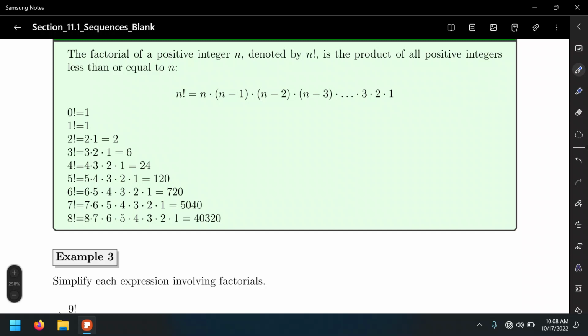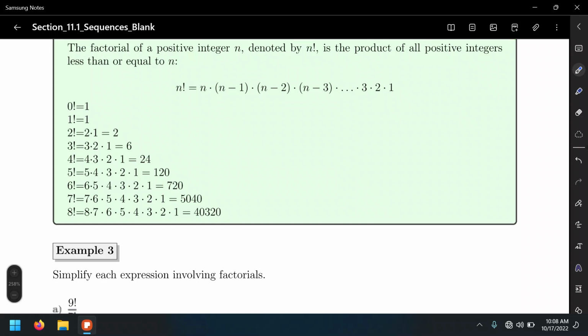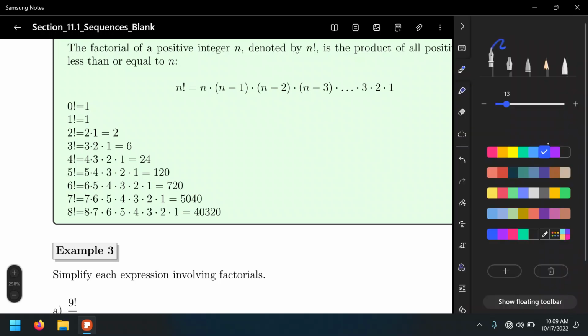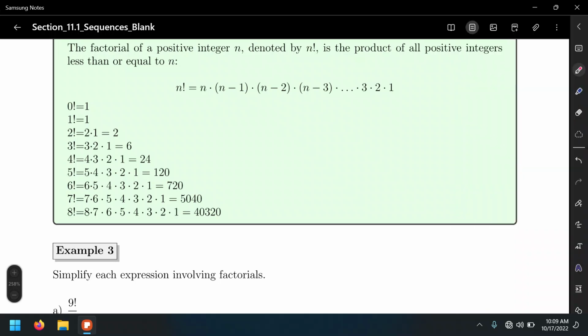But we still need to understand how to work with these factorials, because there's more than one way to write the factorial of a number, especially when it comes to simplifying these factorials. So, for example, I'm going to take the number 6 factorial as an example.